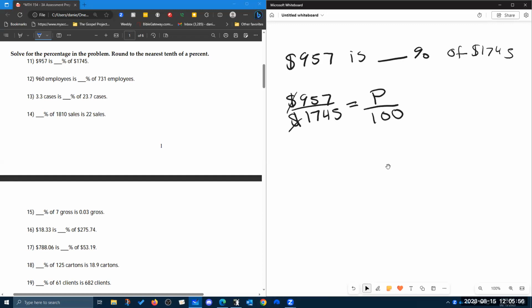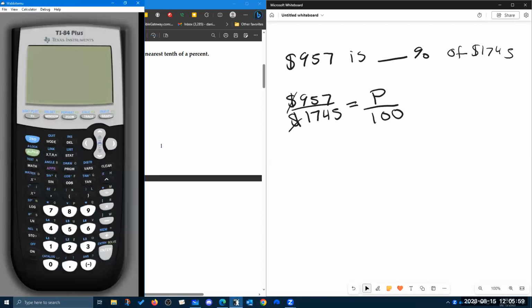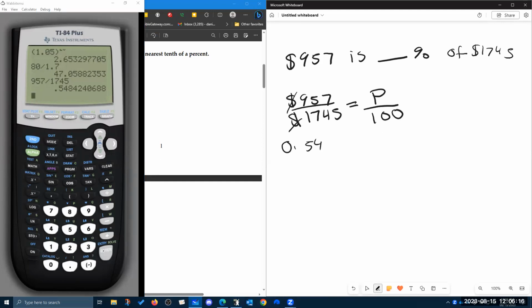We're going to use our calculator at that point to say that 957 divided by 1745 is 0.5484240688, just about P over 100.